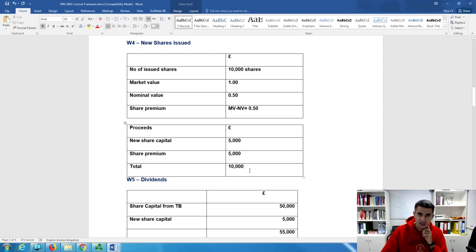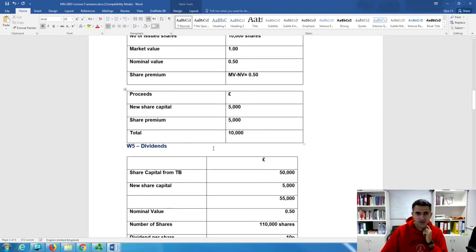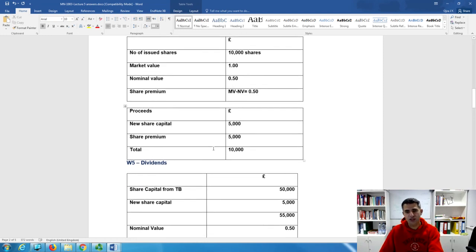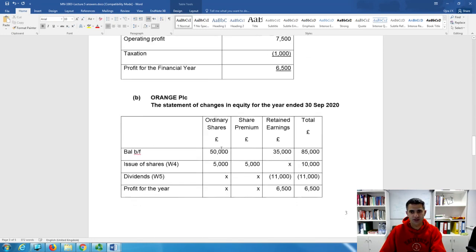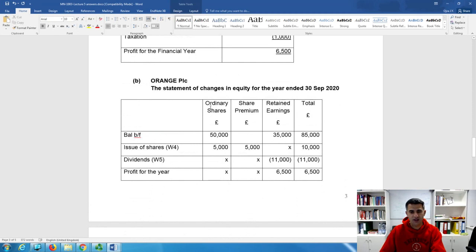The share capital, issue of new share capital £5,000, and as you see here, new share premium £5,000, under the statement of change in equity.